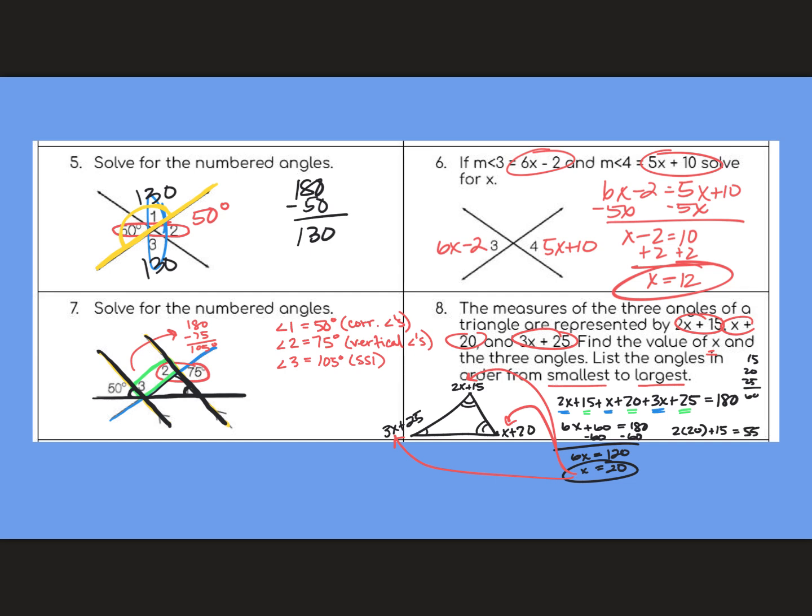Then we'll have 20 plus 20, which is 40. And last, 3 times 20 plus 25, which is 85. So the angles here in order from smallest to largest would be 40 degrees, 55 degrees, and 85 degrees.